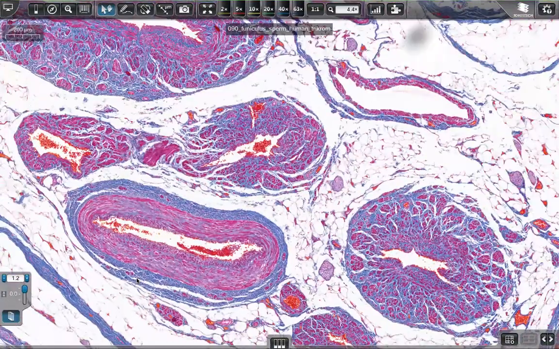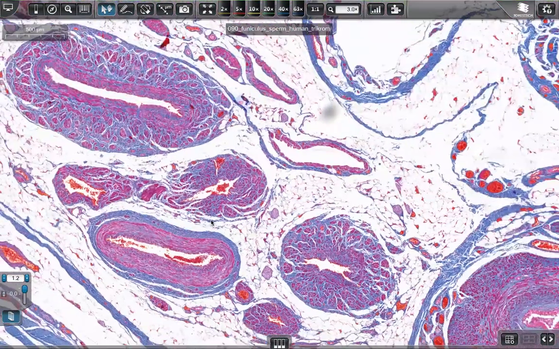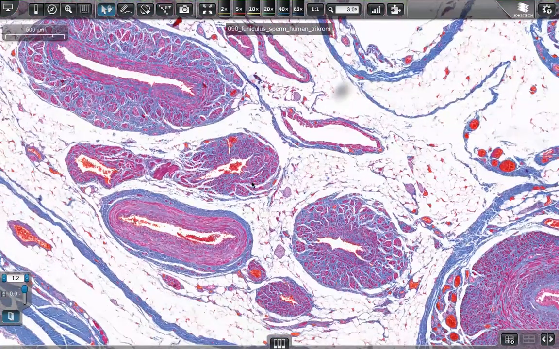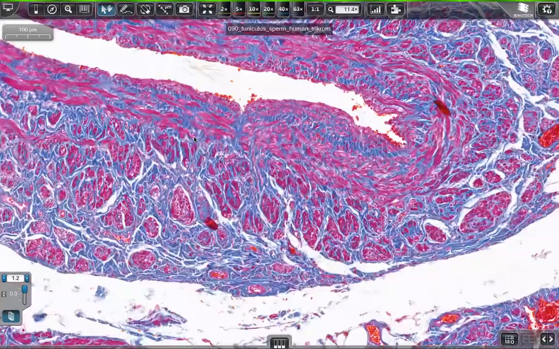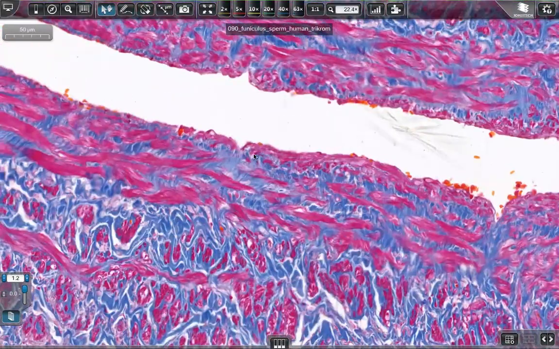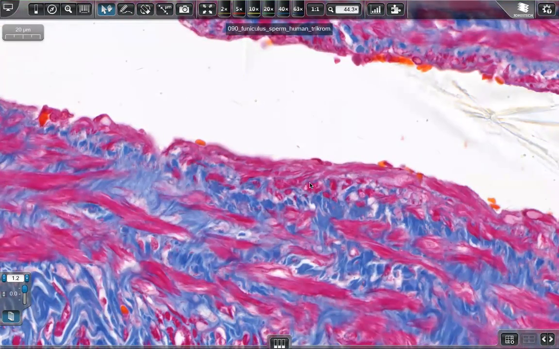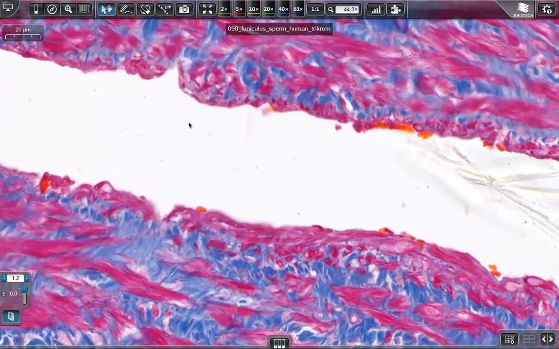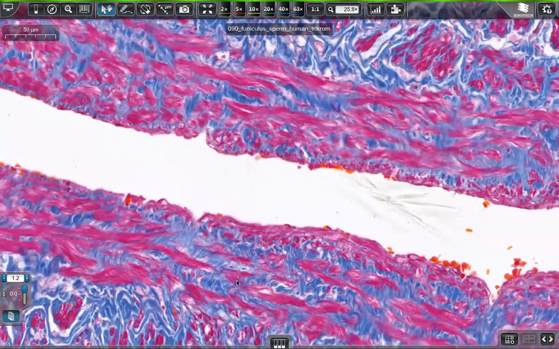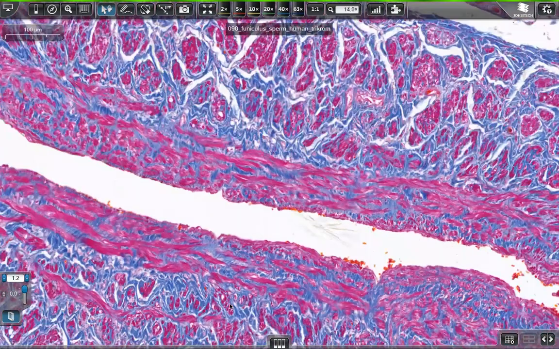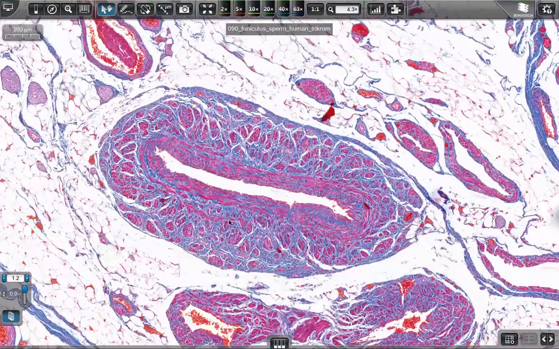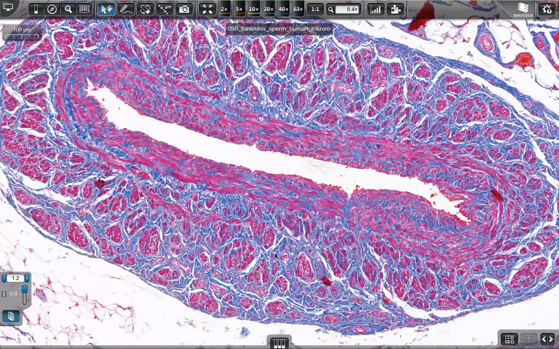And you know, we have the pampiniform plexus, which consists of the tributaries of the gonadal vein, the testicular vein. So here we have the veins, so beautifully seen. The nice venous lumens. Here we can see the nuclei of the endothelial cells, the subendothelial layer. There is a tunica media.